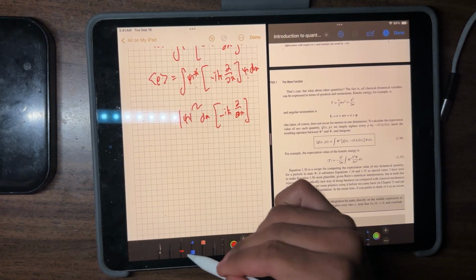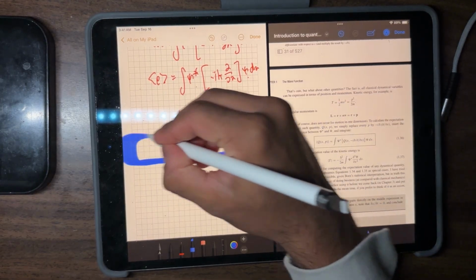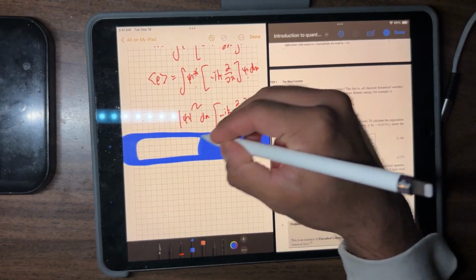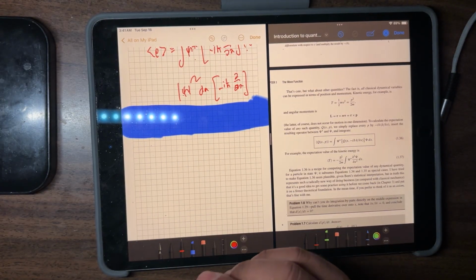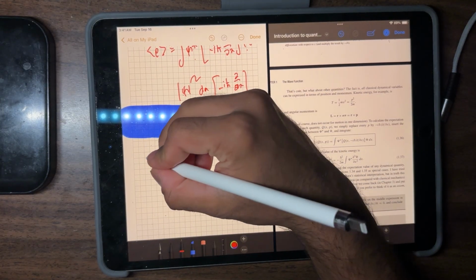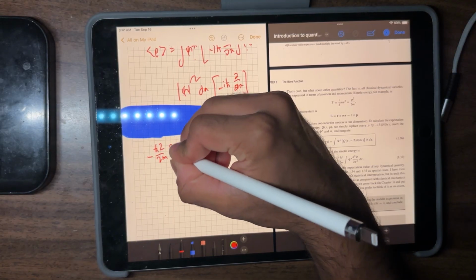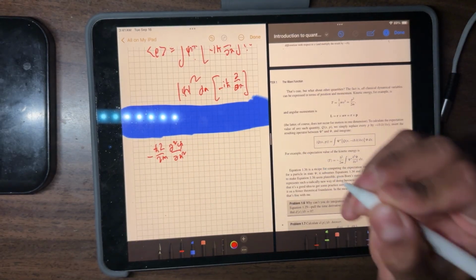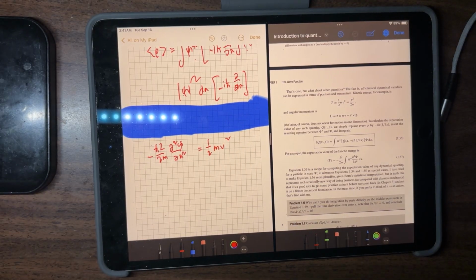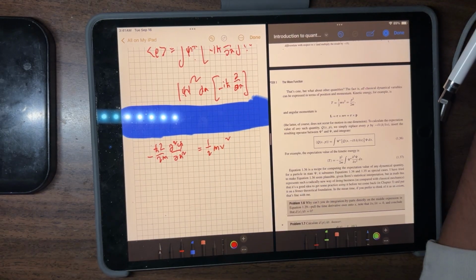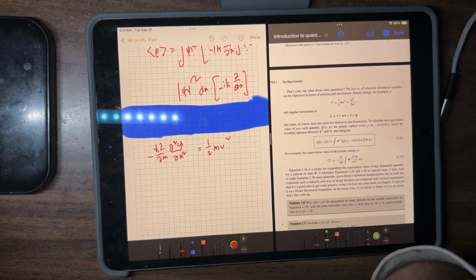Okay, wait, I have an idea. I kind of know how to figure that out. So if I look at the Schrodinger equation, which is minus h bar square upon 2m curl square psi by curl x square is equal to half mv square, minus h bar square upon 2m curl square psi by curl x square.